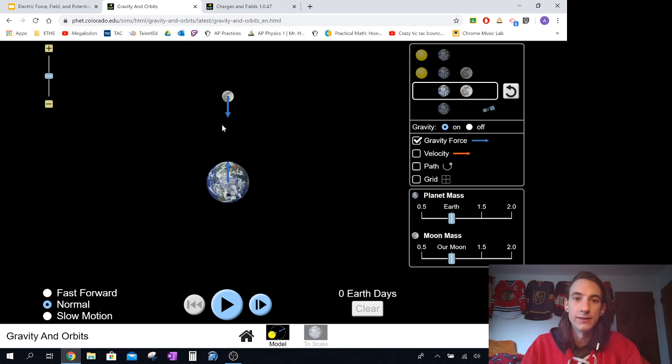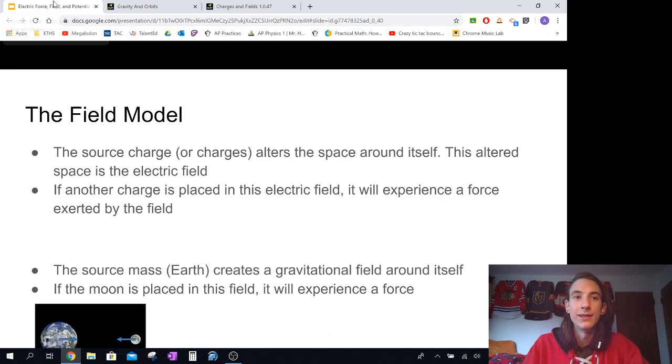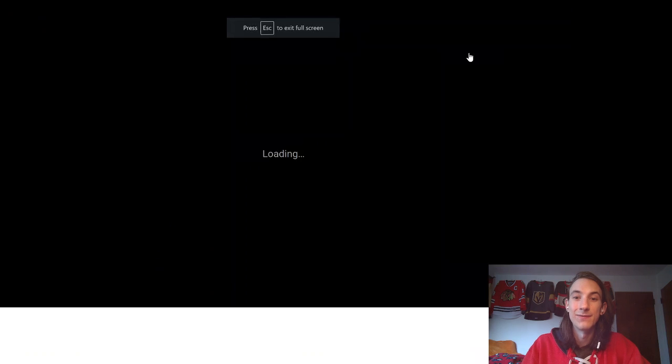The Earth has this field all around it. The Earth is creating a field. This field exists even if the moon isn't there. But what I'm doing with the field is saying, how much force would the moon feel if I brought it here, or here, or there? So it's really a predictor of how much force an object would feel if we brought it into this field.